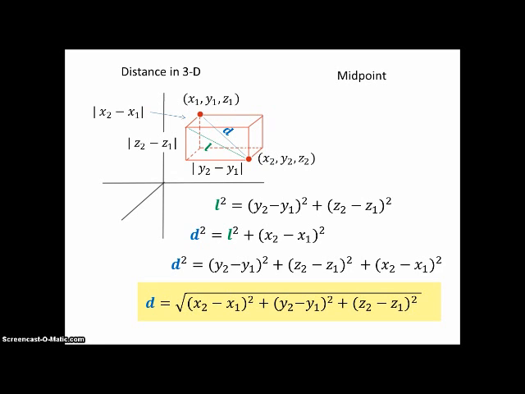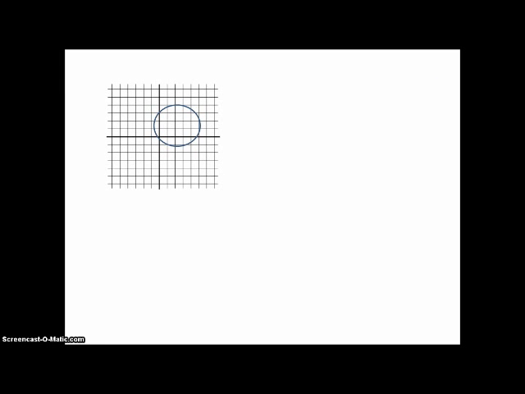Likewise, the midpoint is similar. We just take the average of the 3 sets of coordinates to find the midpoint of a line segment. Now in 2 dimensions, we have a circle, and we usually label the center (h, k), and if the radius is r, then here's our familiar equation for a circle.